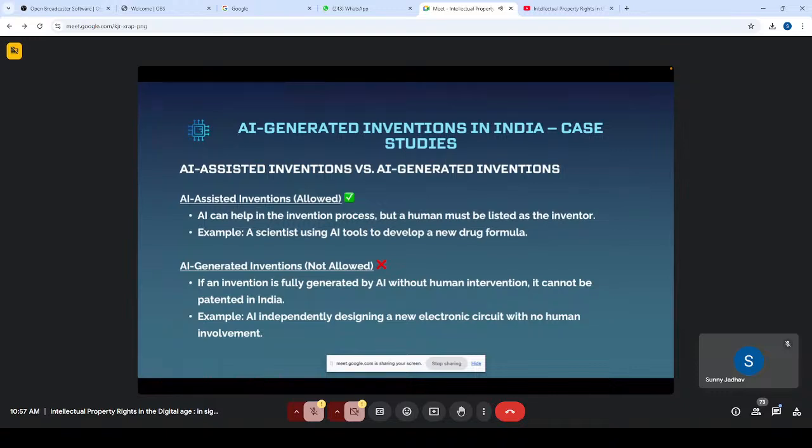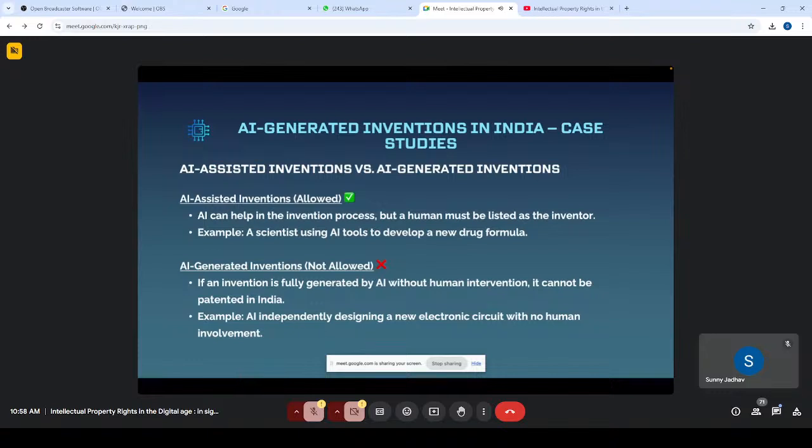So now we will have to see both these cases or categories combined with patents, trademarks, copyright, designs. When we are talking about AI-assisted inventions, which are usually allowed, obviously conditions apply.